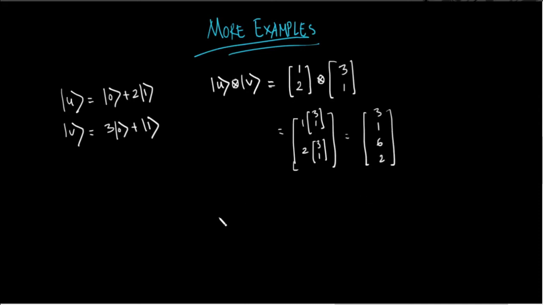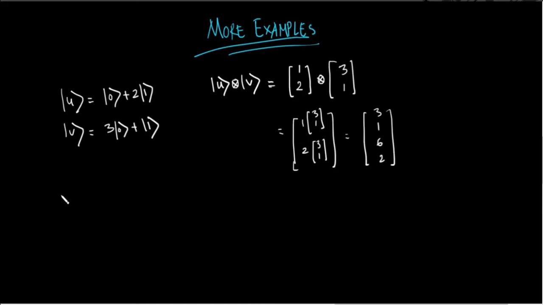Alright, okay. So what if we wanted to invert our process? I mean, suppose I have a column vector of the composite space.